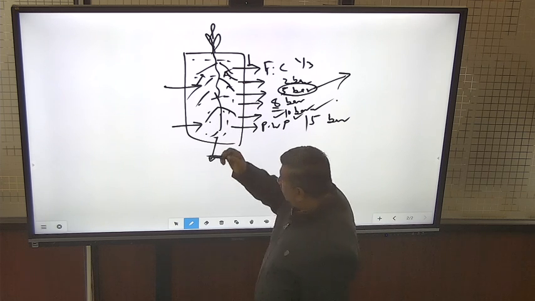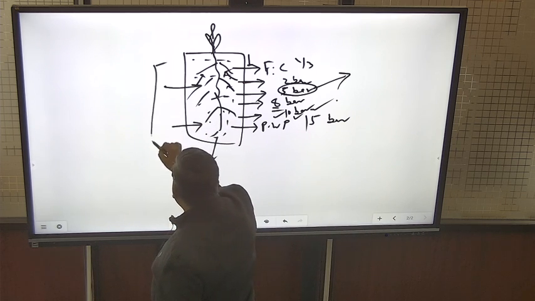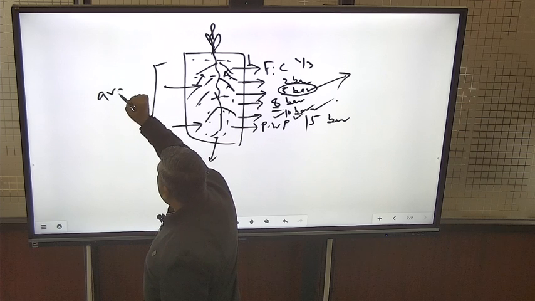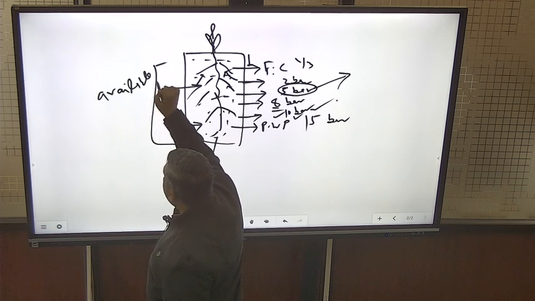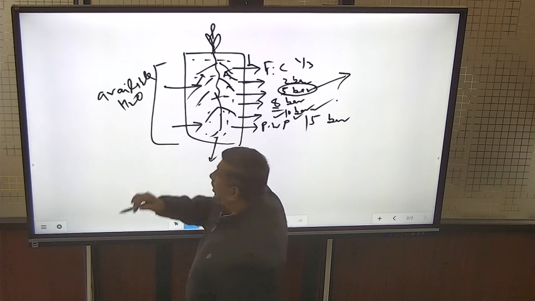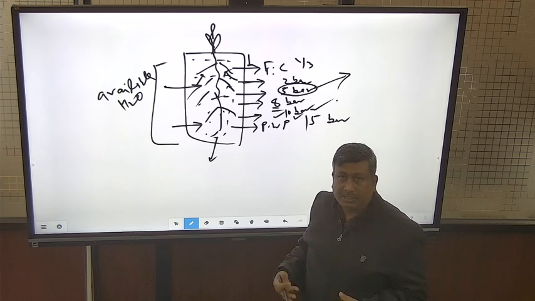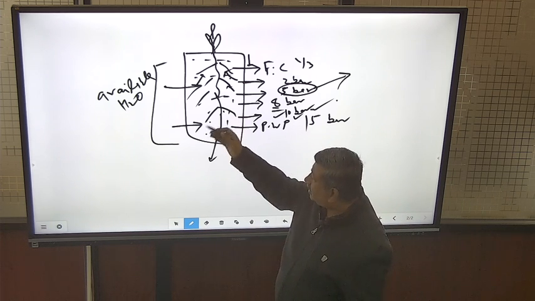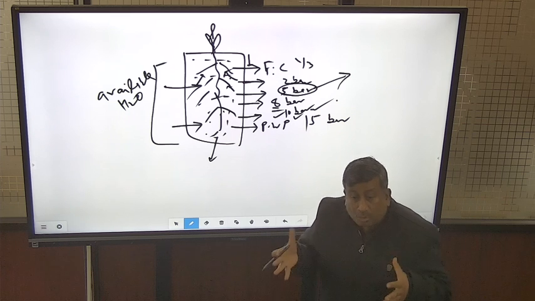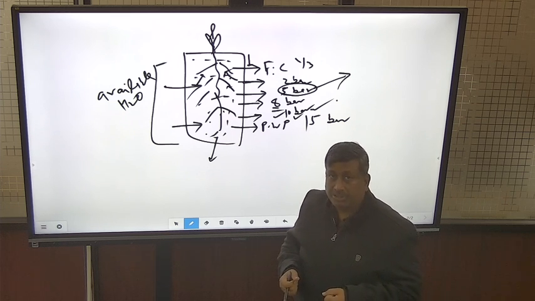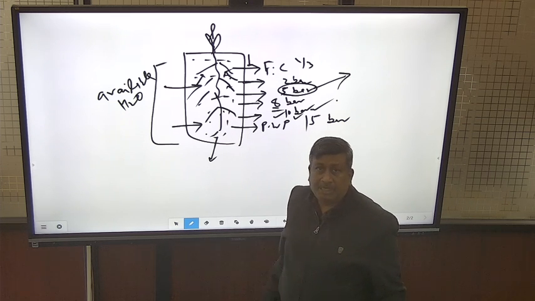So if we look from field capacity to permanent wilting point, the total is available water, but according to plant nature and their capacity, sensitivity, drought tolerance capacity, they cannot extract the total available soil moisture. So this is the soil moisture depletion approach.